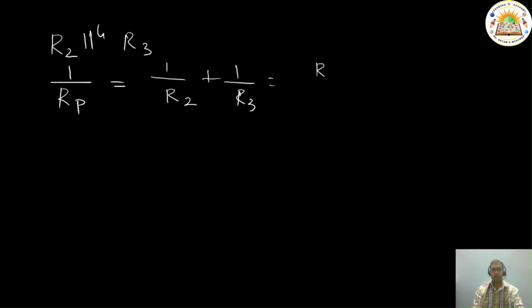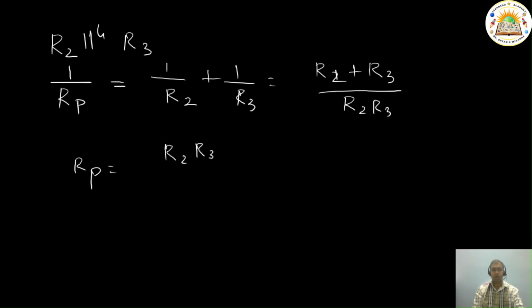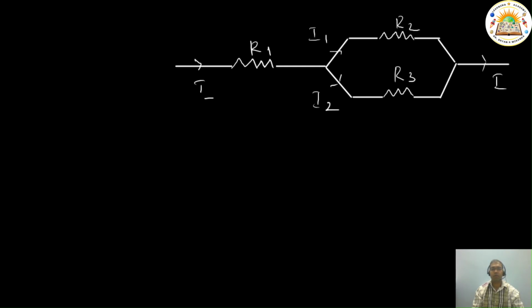We will get it as (R2 plus R3) by R2 R3, or Rp will be equal to R2 R3 by (R2 plus R3). This is in terms of ohms. So how will the equivalent resistance now look? That is something that we'll have to draw. So from this combination that we had, we are going to have this particular combination.